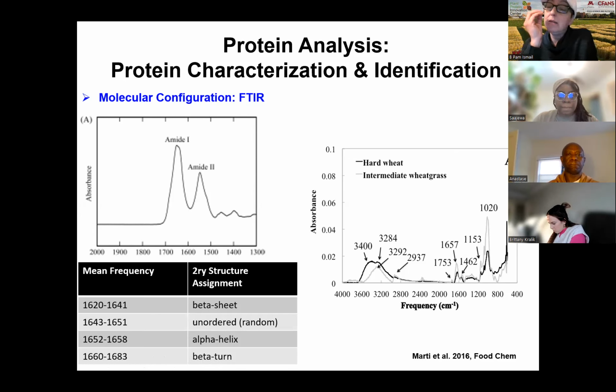Also, it tells us in a polymer, if the polymerization happened via hydrogen bonding, if you're forming beta sheet or beta turn. For example, this is important in dough systems, viscoelastic doughs.